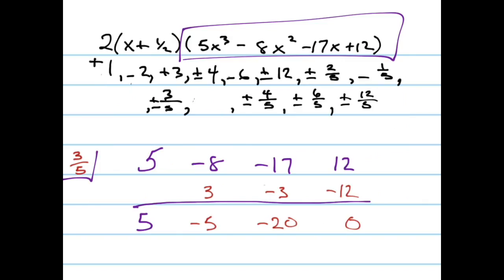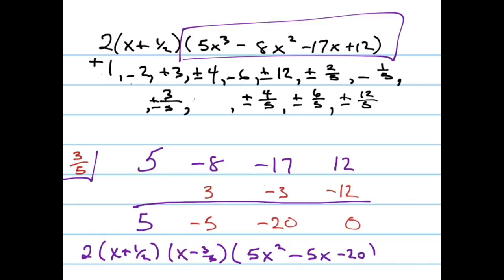So now we have taken out 2, x plus 1/2, x minus 3/5, and we're left with 5x squared minus 5x minus 20.